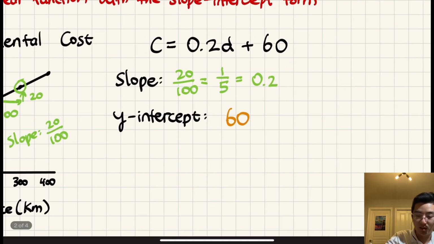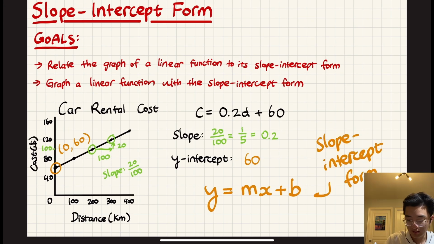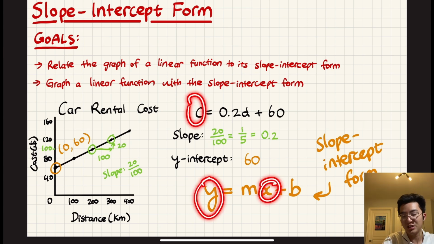This is what we call the slope-intercept form. In the slope-intercept form, it will always be y equals a number, x, plus another number. Or I guess it doesn't need to be y and x specifically, it just needs to be a variable.